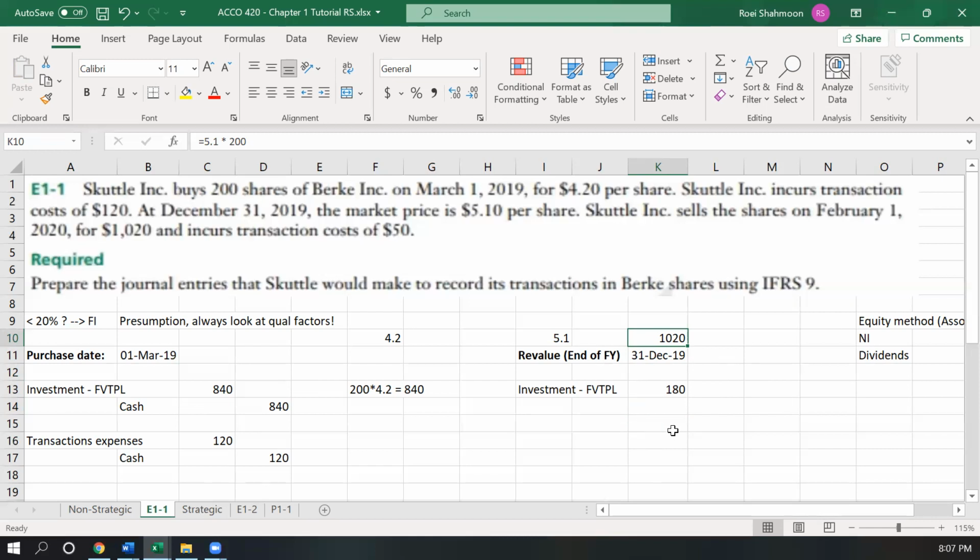Now, like I said before, this is considered to be a gain, and we are using FVTPL. So this gain, unrealized gain, will go directly to my income statement. Again, I could say income statement, specifically net income effect. Now, why did I say the word unrealized? Guys, this gain is literally like a paper.